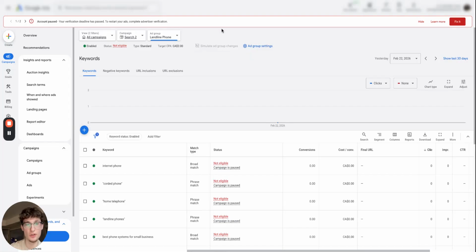Once we start to get conversions, that's when we can move towards a target CPA with a realistic target around what we achieve. So if we start to get $50 to $70 per sale profitably, and that's something that's profitable for our business, we want to set our target at 100 just to be a little bit more aggressive and not restrict the algorithm in any way from going out and continuing to find those new customers for us.